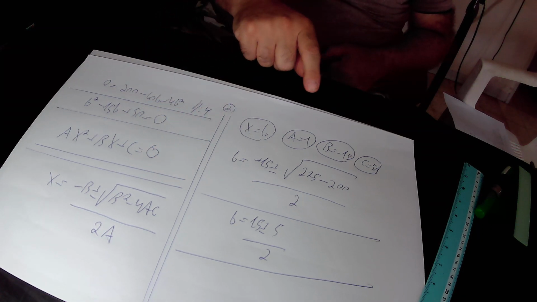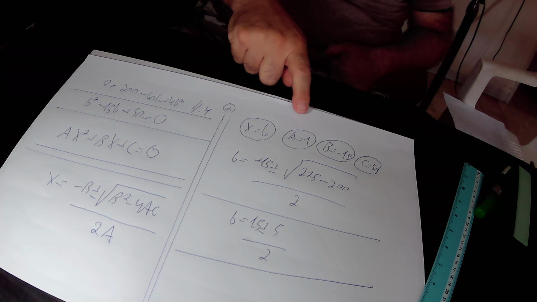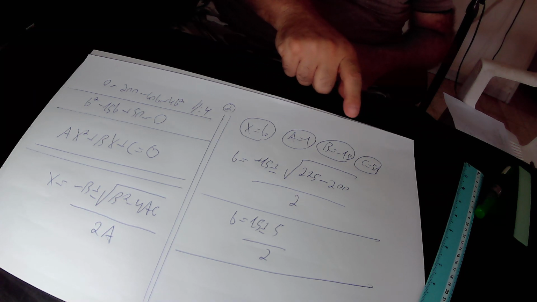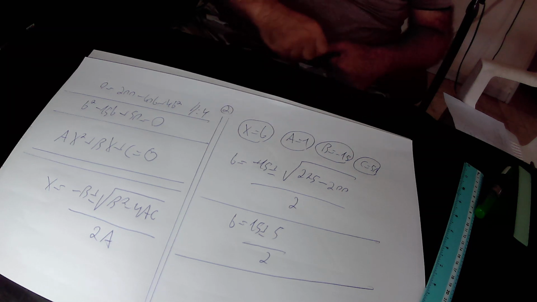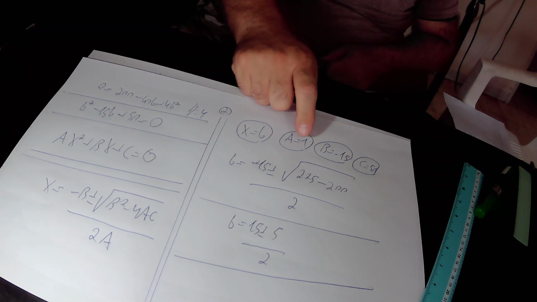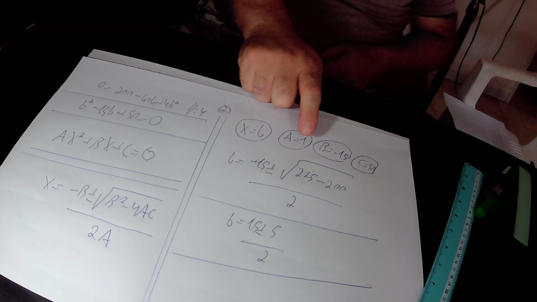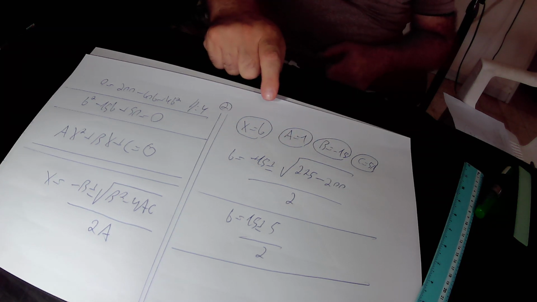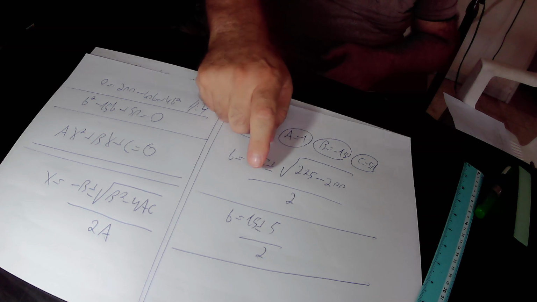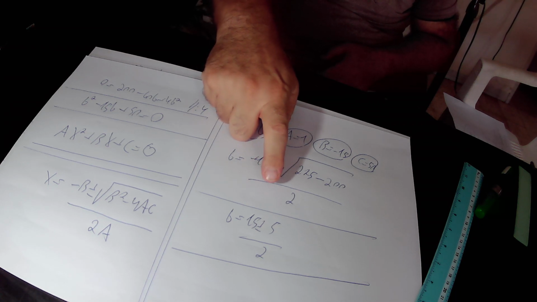So it is minus 4 times a is 1, so minus 4 times 1 is minus 4 times c, that is 50. So minus 4 times 50 is minus 200. So in total inside the root, we are left with 225 minus 200. That's actually 25, and the square root of 25 is 5. So in total, we found that b equals 15 plus minus 5 over 2.